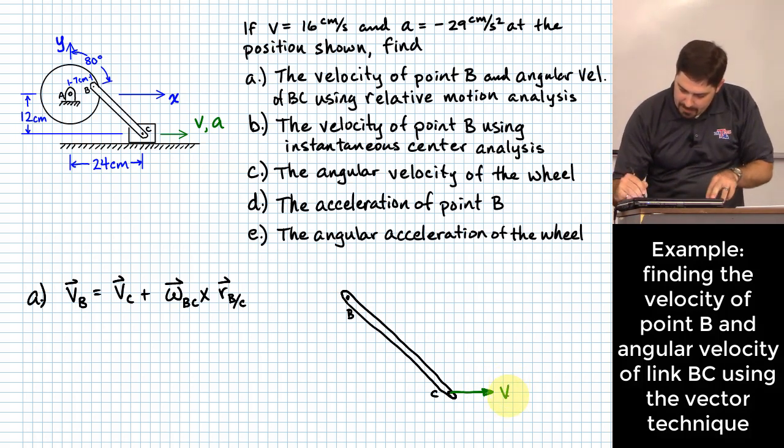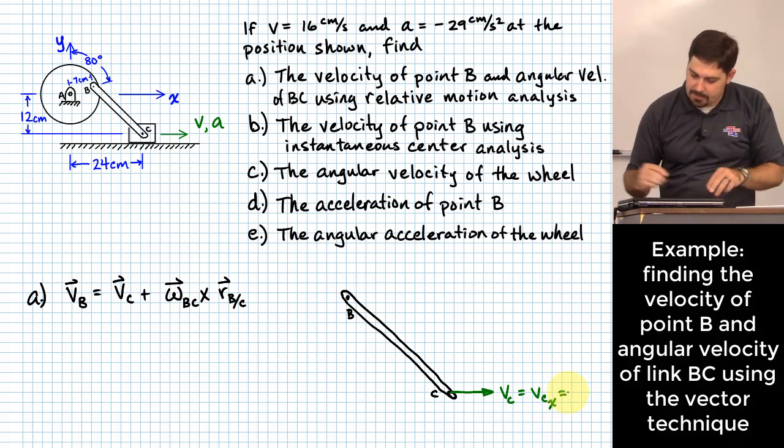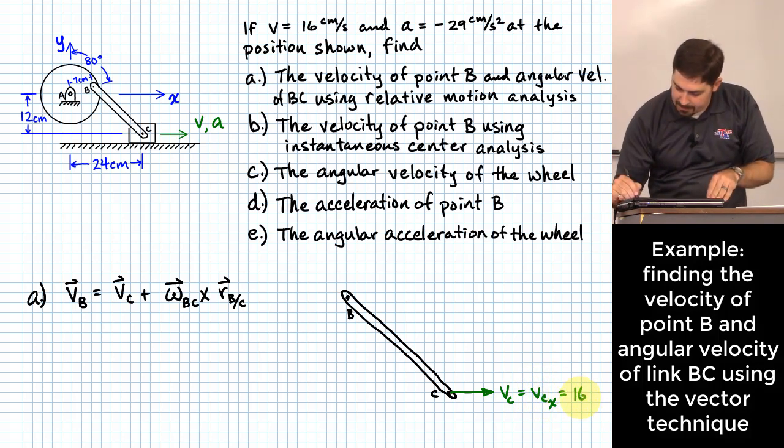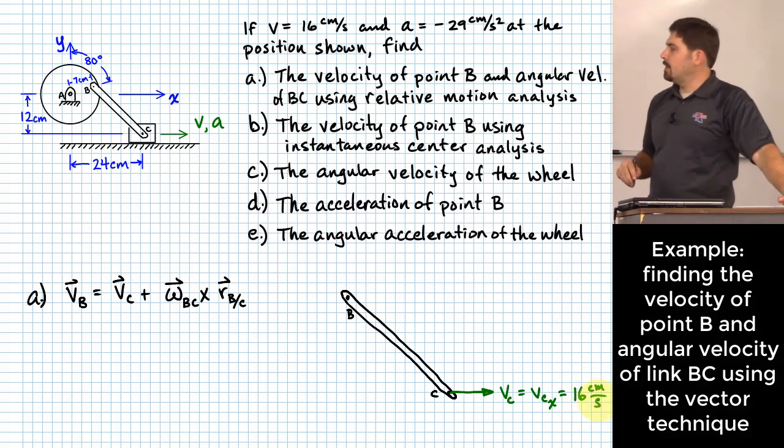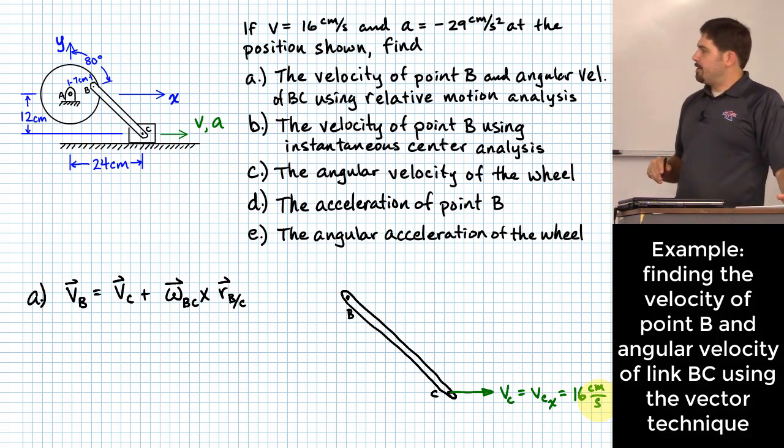So the entire V sub C is just the x component of V sub C, and it is going to be 16 centimeters per second. All right, so far so good. That's kind of the easy part.